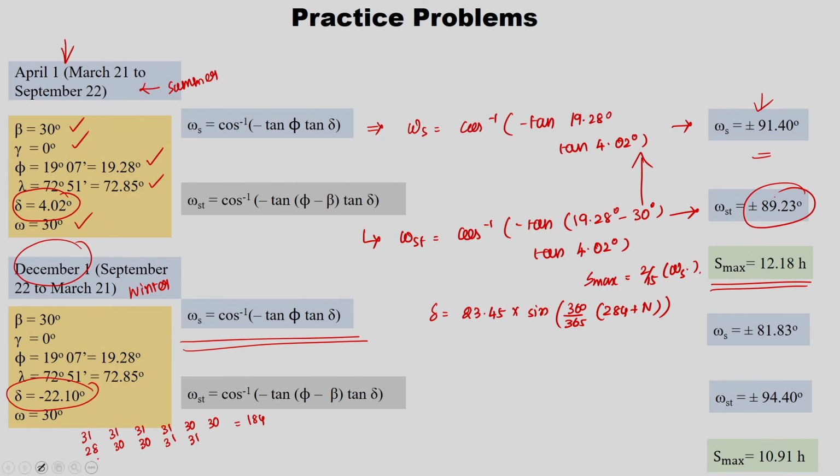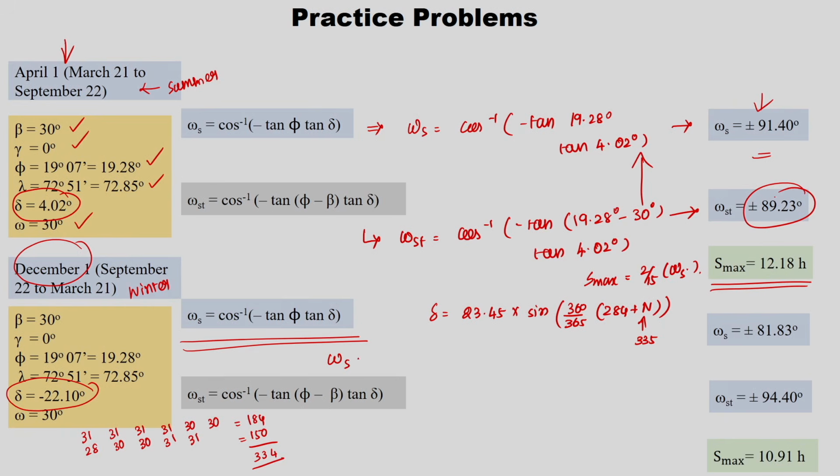So, n is 335. If we calculate, what you would get is a declination angle of minus 22.10 degree.